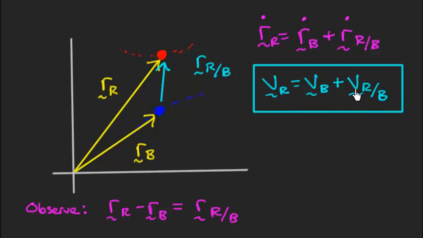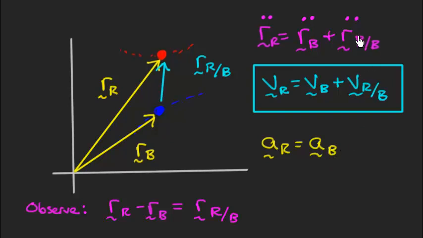Really nice. All right, so we're going to do this exactly one more time. We're going to take a second time derivative. So two dots over each one of these positions, and then we have the second time derivative of the red position. Of course, that's an acceleration of the red particle, and this has to equal the second time derivative of the blue particle, or the acceleration of the blue particle.